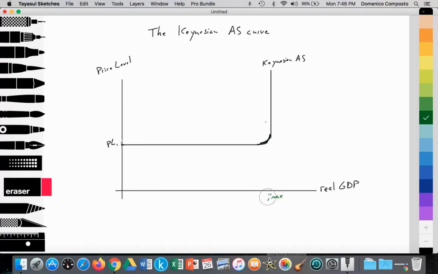Okay. So here we have aggregate demand, and we're going to start off, let's say, in a recessionary gap.